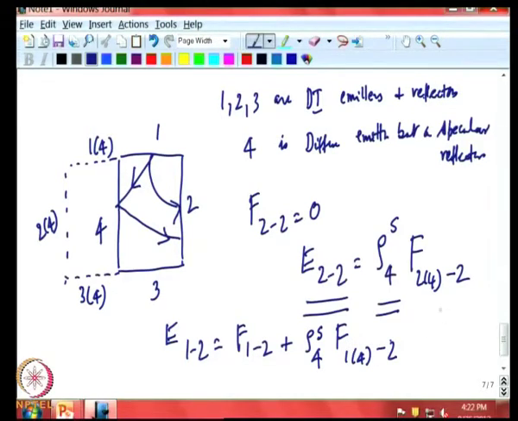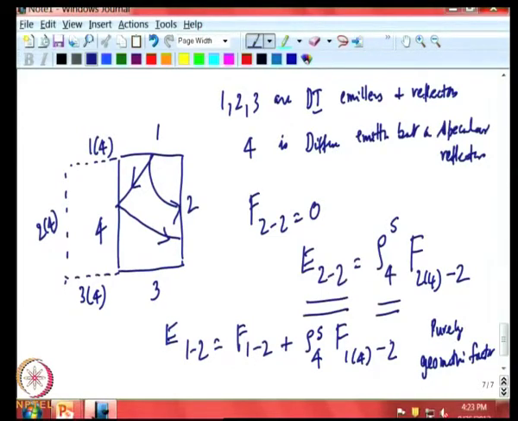Again, notice that this is no longer a purely geometric factor. It also depends on surface properties. So, it depends on the reflectivity of surface 4 and of course, geometry. So, this complicates our analysis somewhat. Previously, we could calculate shape factors Fij once and for all and use them in the radiosity method we discussed in the last few lectures.